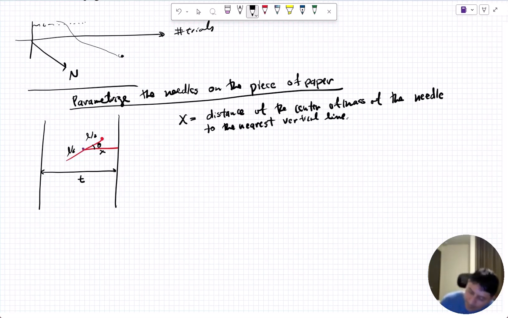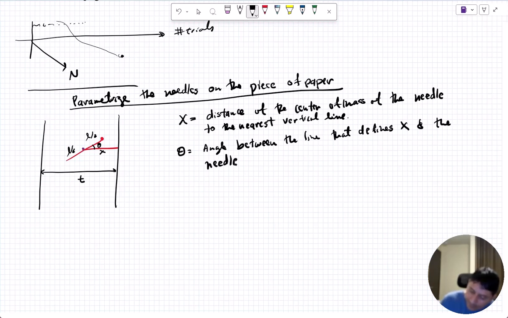So now theta is going to be the angle between the line that defines x and the needle itself.